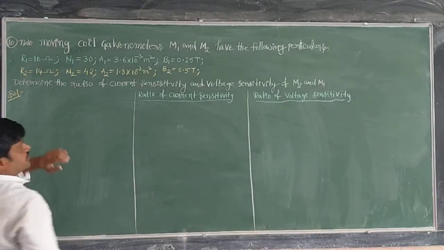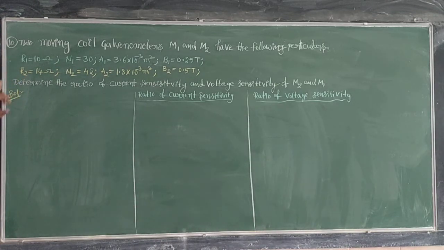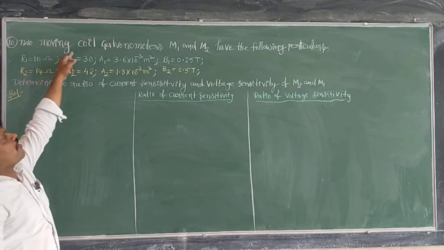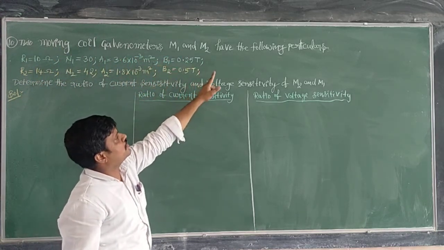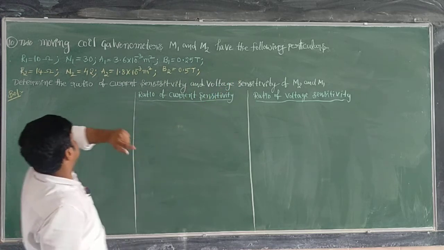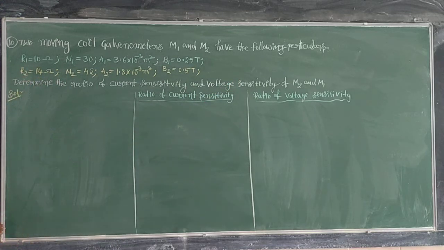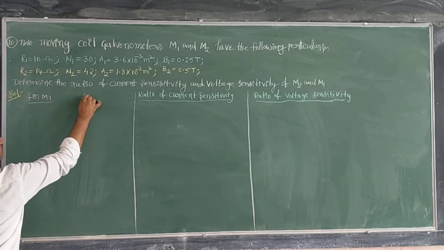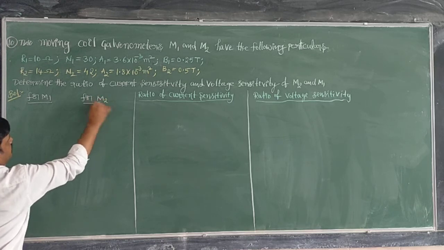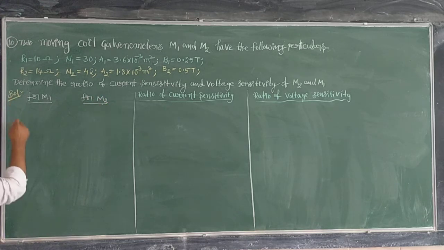Look at, dear students, problem number 10. Two moving coil galvanometers M1 and M2 have the following particulars. For the first coil, look here, for M1. Here for coil M2. Right, what are the values given? R1 is equal to 10 ohm.